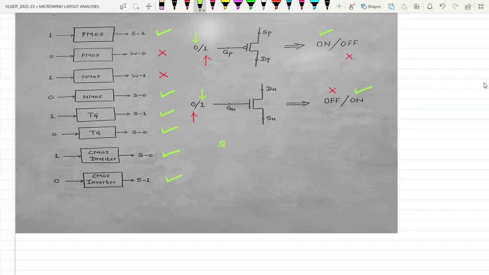So weak values at output are not acceptable.